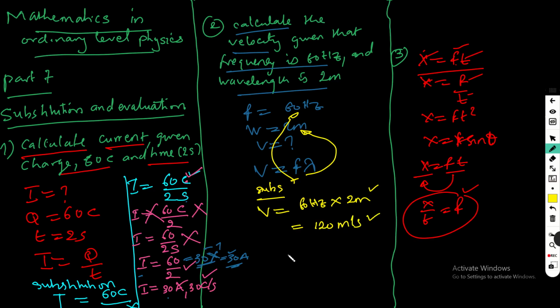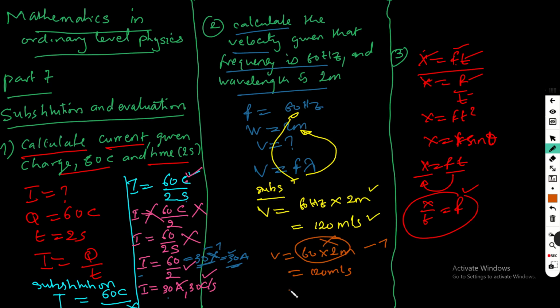But now if you come and you do V is equal to 60 times 2 meters, and your answer is 120 meters per second, they'll remove your mark, because it's a wrong substitution.